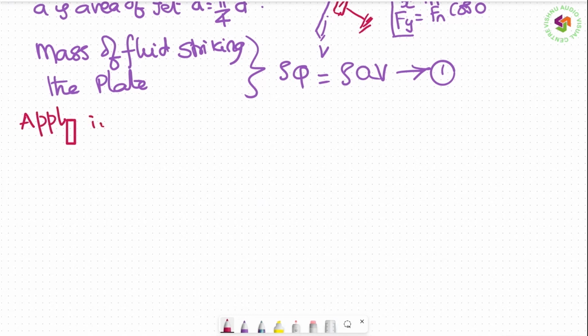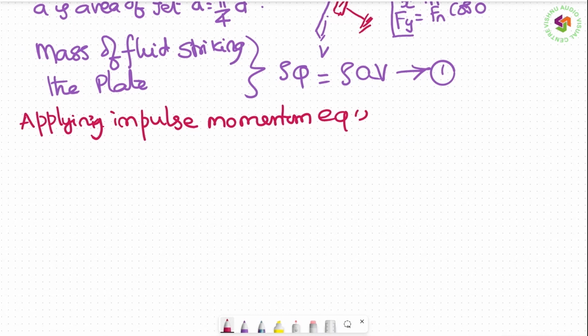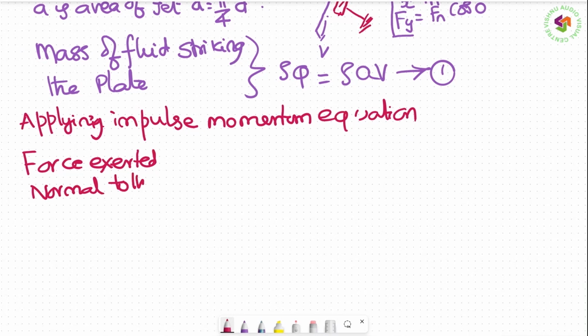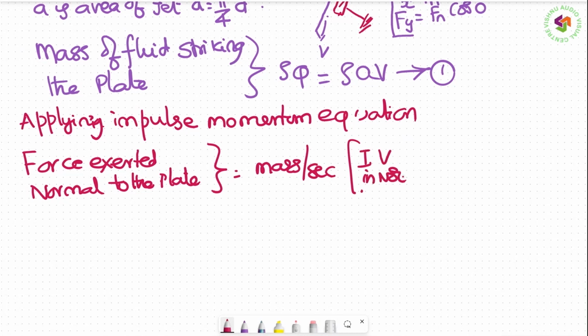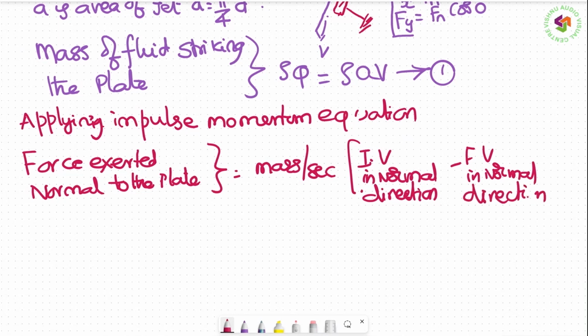The force exerted normal to the plate is equal to mass per second into initial velocity in the normal direction minus final velocity in the normal direction, because direction is very, very important.